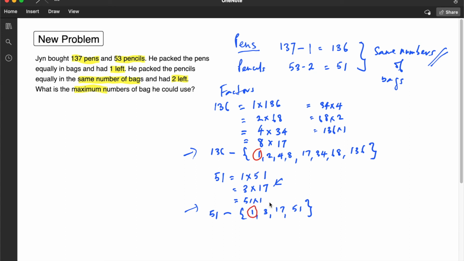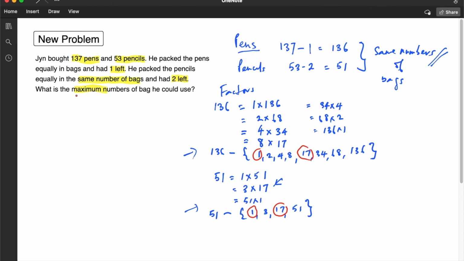The first one is of course 1, and then the next one that is common is actually 17. In some other cases, there may be more than 2 common factors, or 3 or 4 depending on what is being used. But in this case, there are actually 2.